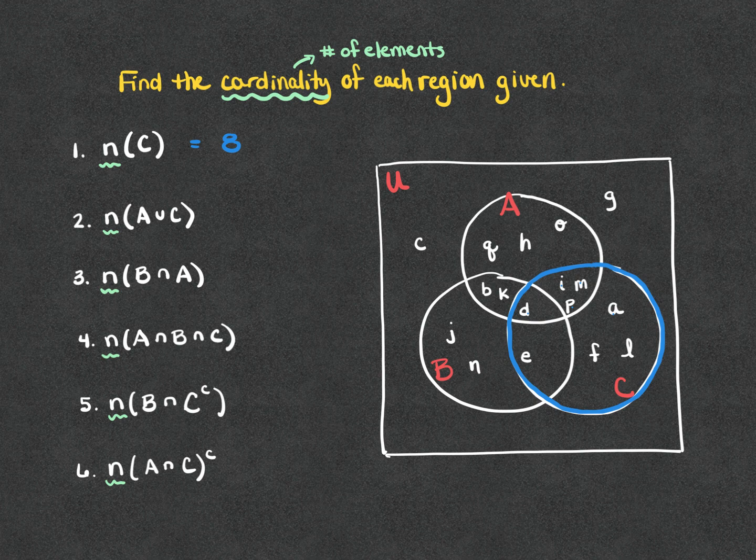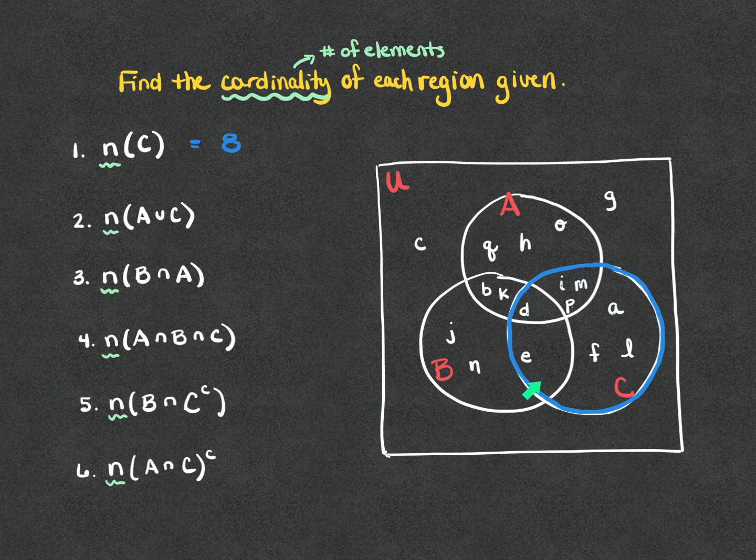For the next one, the number of things in A union C. A union C means we want to combine everything in set A with everything in set C. So what we're going to do is count how many items fall in this combined set.